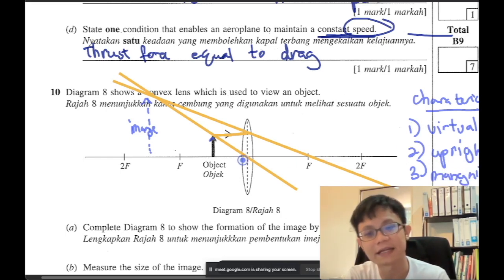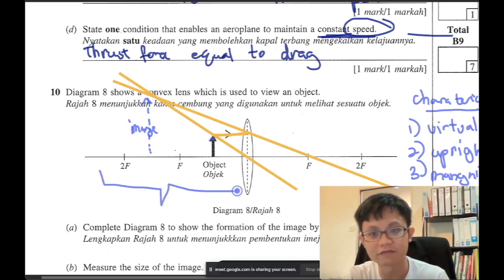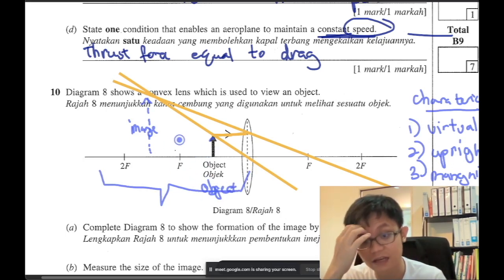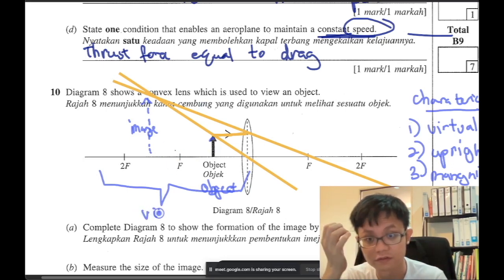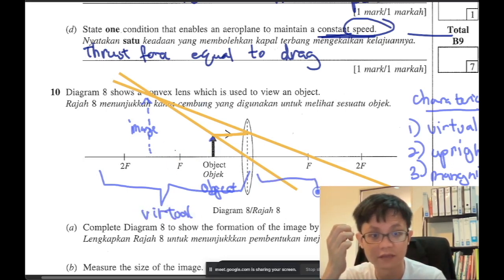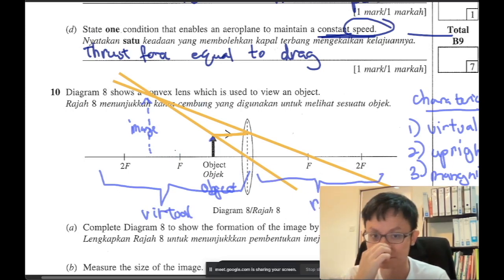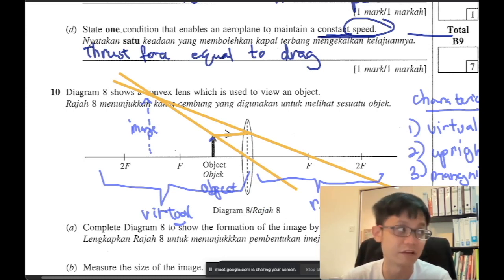We can see that if the image is on the same side as the object, let's say the object is here and the image is at the side of the object, it is called virtual. Here it will be real. Real means you see the image on the screen, for example when you watch television or look at a picture.